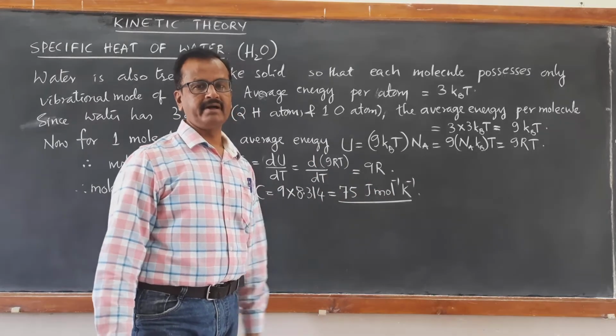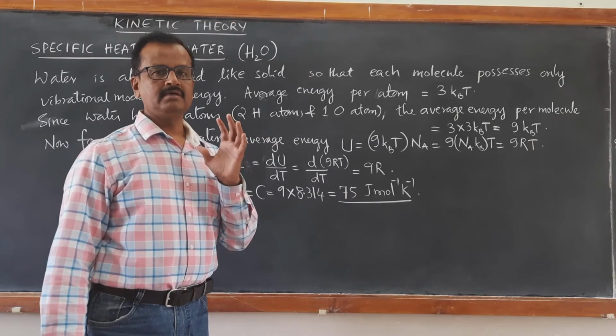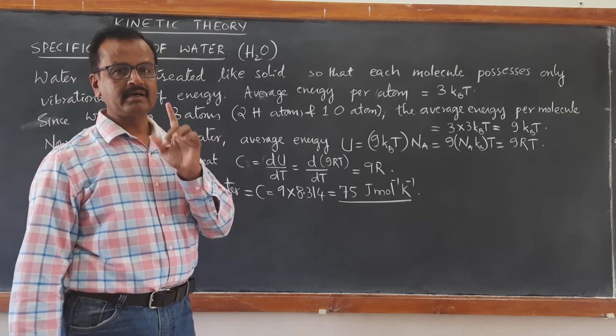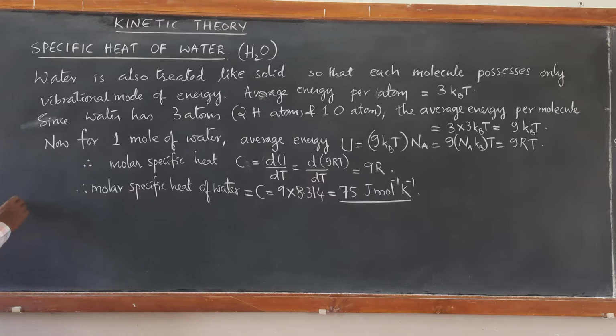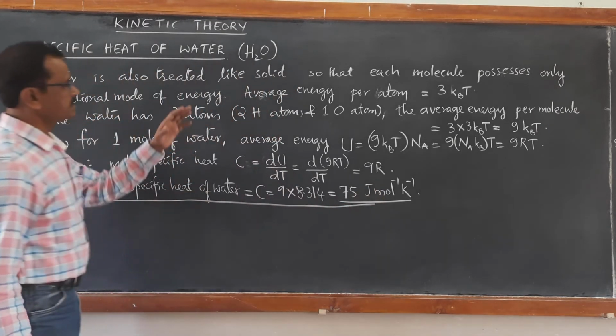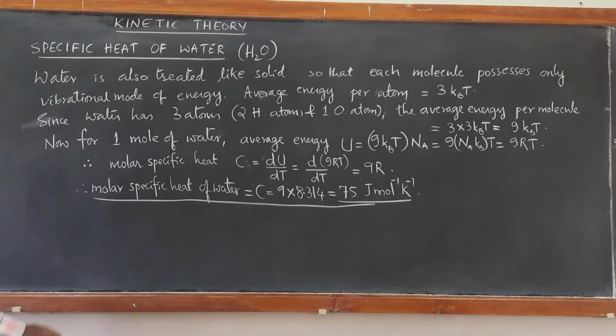This is the predicted value using the kinetic theory, using the law of equipartition of energy. It can be verified with the experimental value of the specific heat per gram.